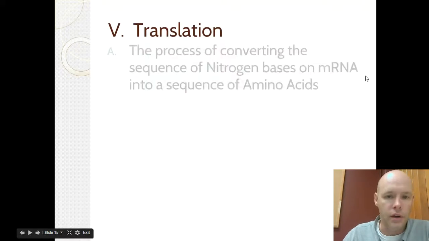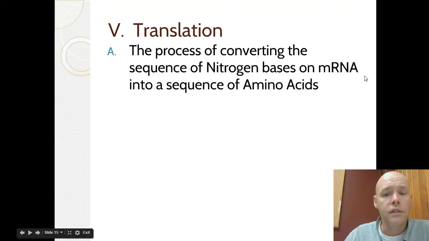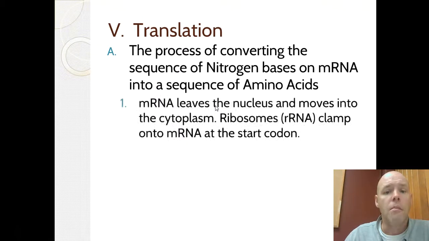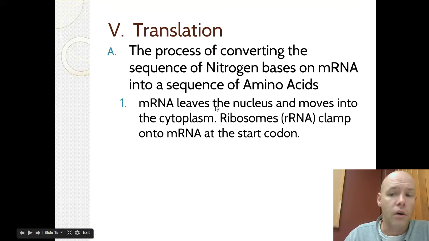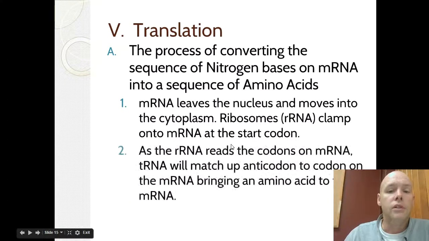Translation continuing here, this process of converting the sequence of nitrogen bases on mRNA starts making a sequence of amino acids. Now, mRNA leaves the nucleus and moves into the cytoplasm. The rRNA, or the ribosome, clamps down on the mRNA at the start codon, and it starts to read it.